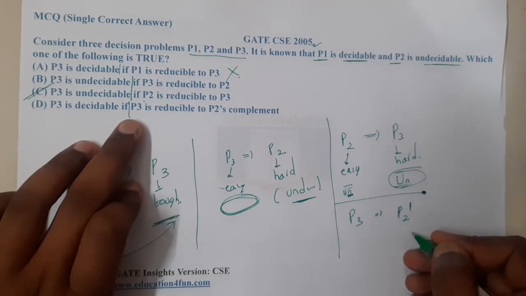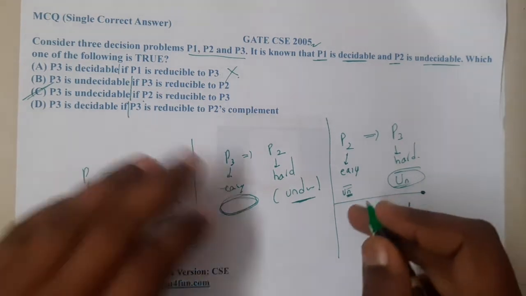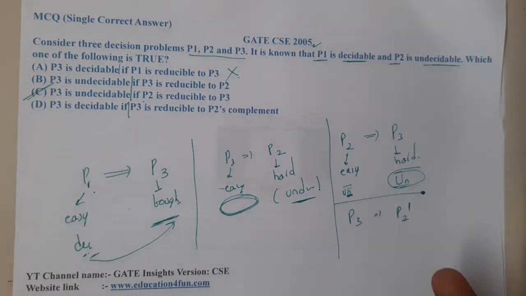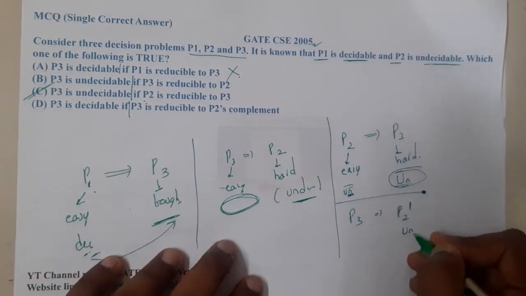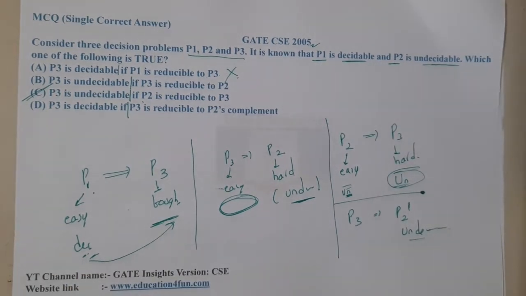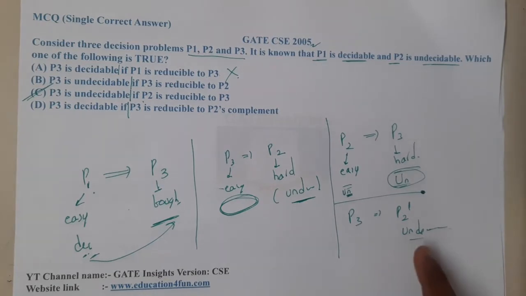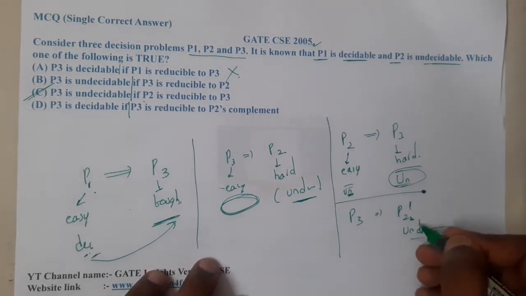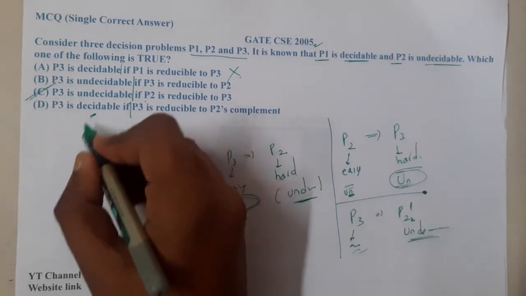Basically the complement will be the same: if we cannot solve one problem, the complement, the reverse of that problem, will also not be possible. So it will be undecidable only. If the hard problem is undecidable, how can you say that this easy problem will always be decidable? We cannot judge it.